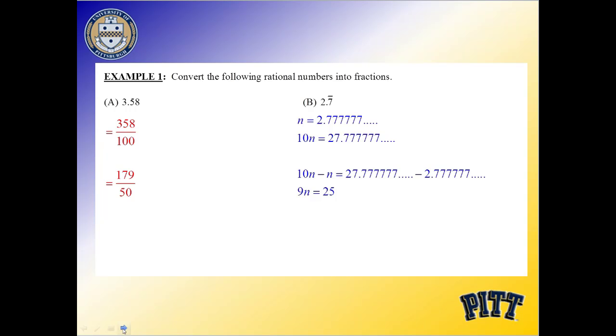That's why it was important to get the exact same pattern of numbers that follow the decimal point in both numbers, because that means that the decimal portion will disappear when you carry through the subtraction. So I now know that 9n equals 25, and then solving for n, because n is the number I'm actually looking for, I get 25 over 9. And if you put 25 over 9 in your calculator, you do get 2.777. It might end with an 8 because they're rounding off on the screen, but it is 2.7 repeating.